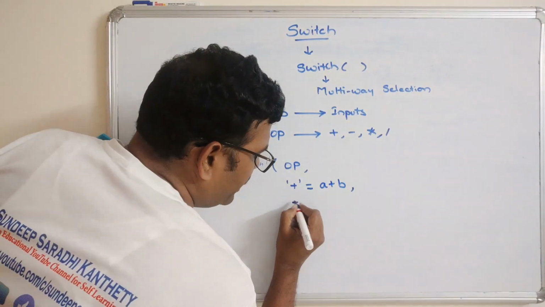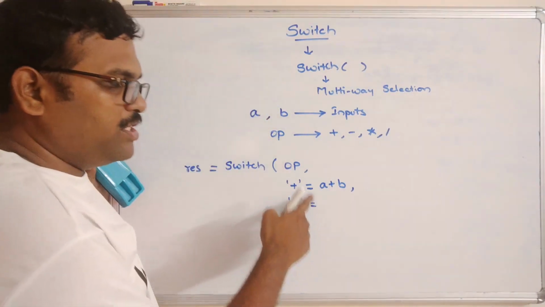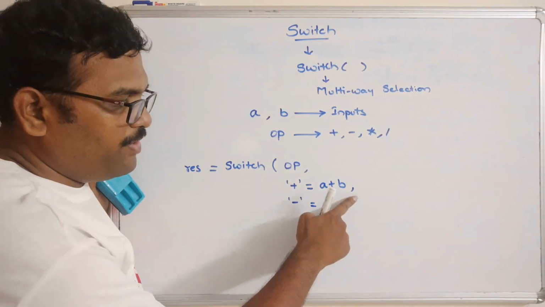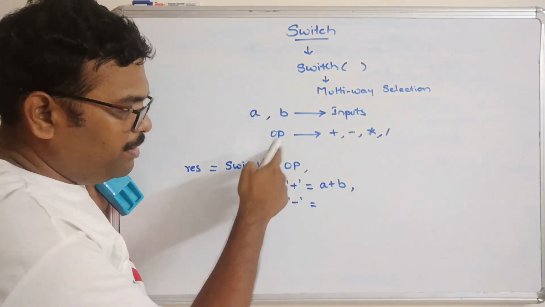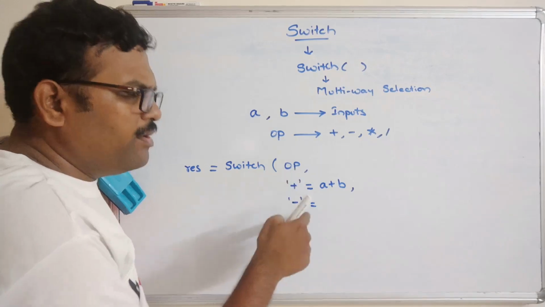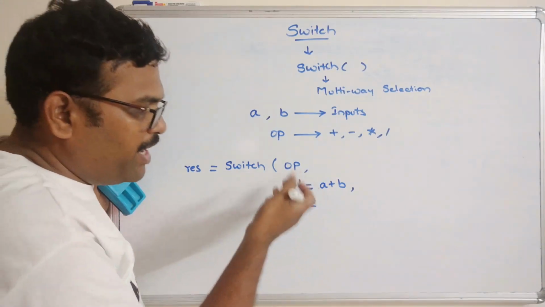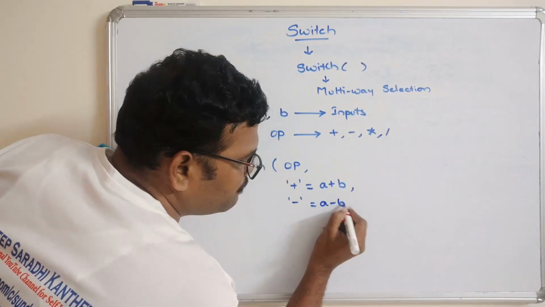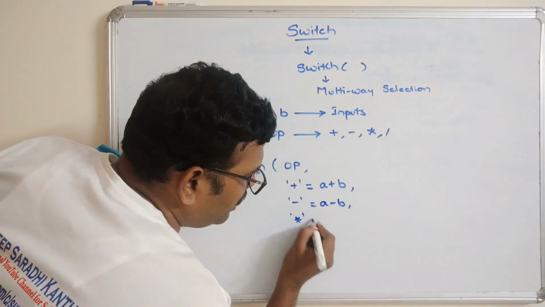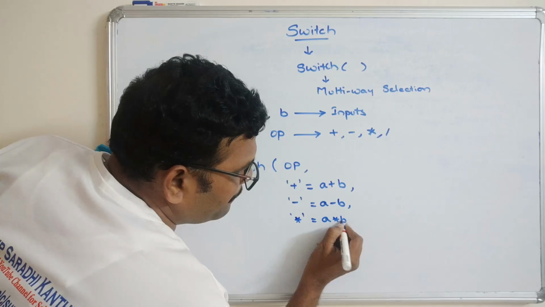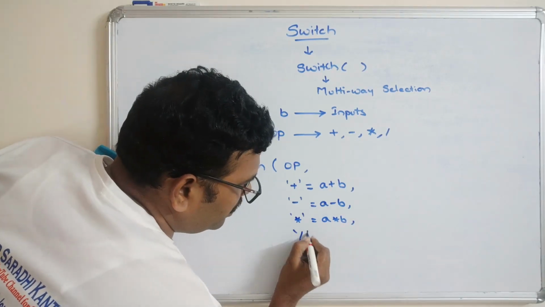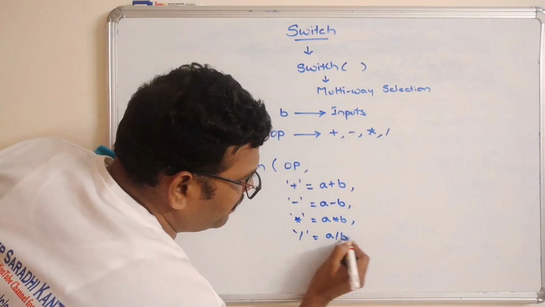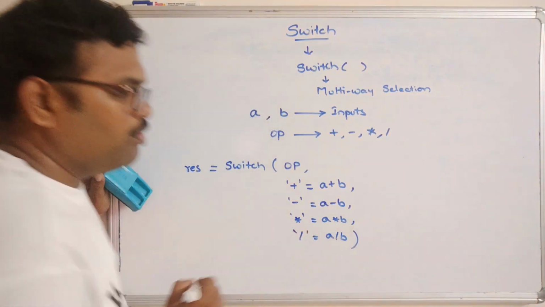And if it is a minus, and one thing observe, these are all the different parameters, so I am giving comma. Here we have opened the parenthesis, and for easy understanding I am writing in a new line. So if it is minus, it should be A minus B, and if it is a star, it should be A star B, and if it is division, it should be A divided by B. And let us close here.